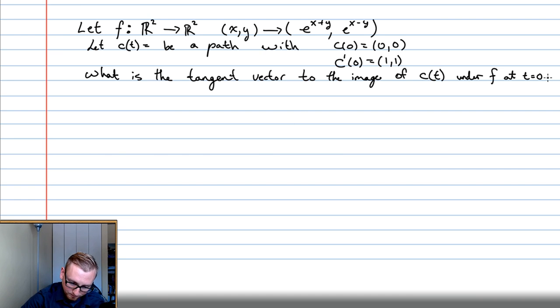What should we do? Well, let's look it up a bit. So we've got images, and we want to find the tangent vector to the image. Something tells me we need to use a chain rule. I'd assume so. What question are we even doing?